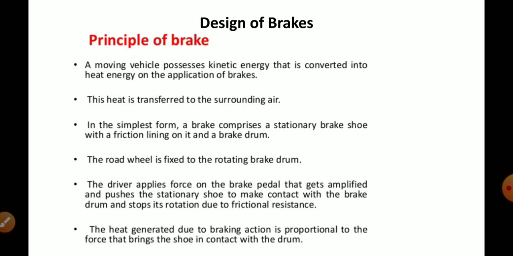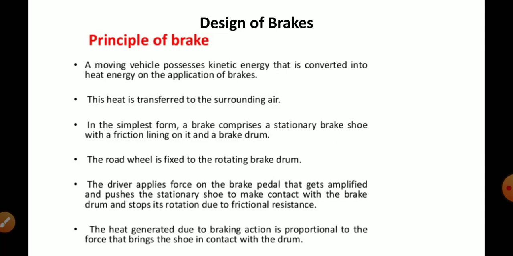In the simplest form, a brake comprises a stationary brake shoe with a friction lining on it and a brake drum. The road wheel is fixed to the rotating brake drum, and the driver applies force on the brake pedal that gets amplified.